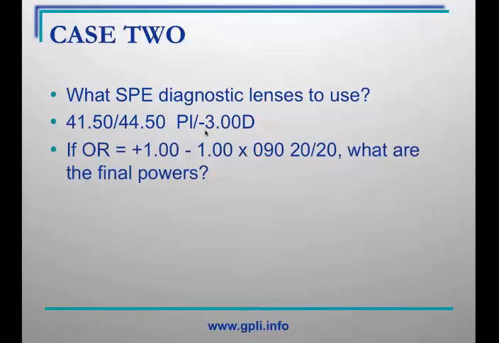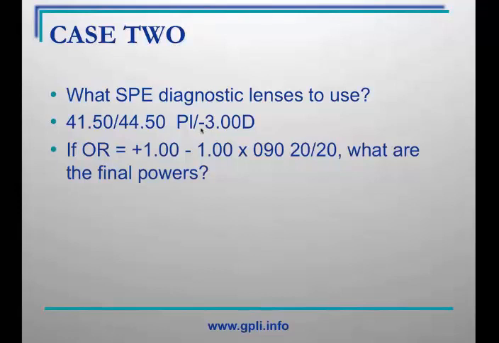But how do you achieve the final lens powers? This is where optical crosses would be wonderful to do, but keep in mind all you do is add the overrefraction in a meridian to the diagnostic lens power in that same meridian. This is a with-the-rule patient, so there's plano power in the 180, there's -3 power in the 90. So what is the overrefraction in the 180?